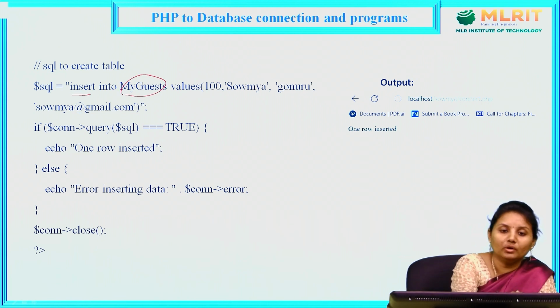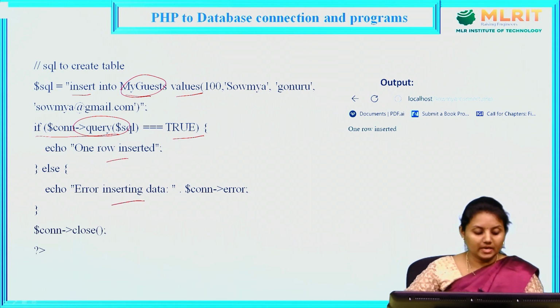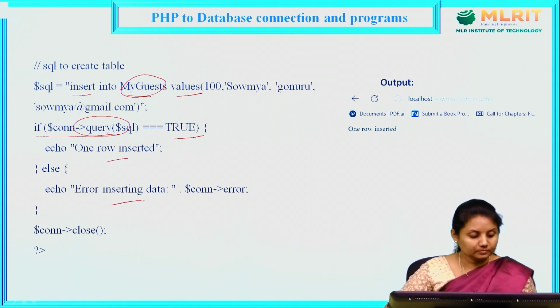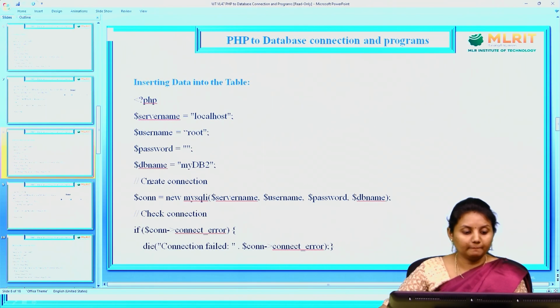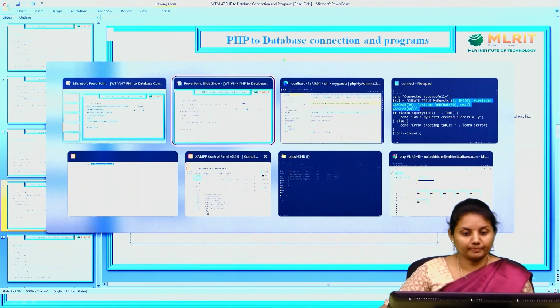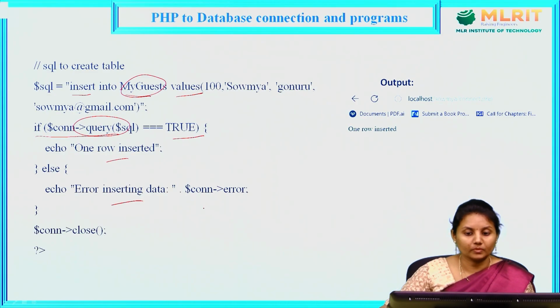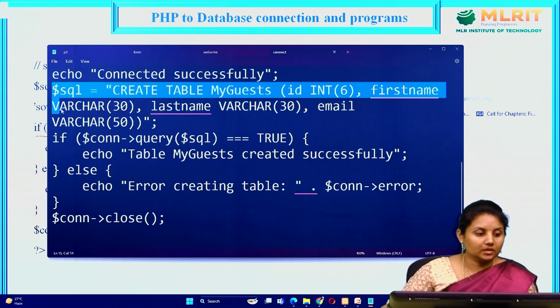Insert into the table values. So values you have to give. Then this is the connection. One row inserted, otherwise you will get an error message. Let us execute inserting the table values. This is where we are changing this.